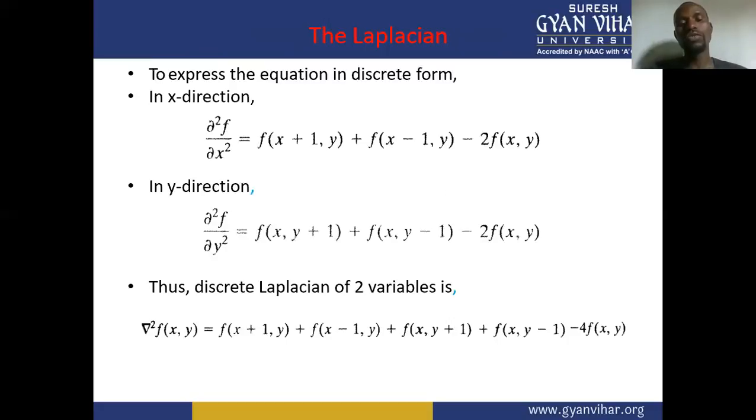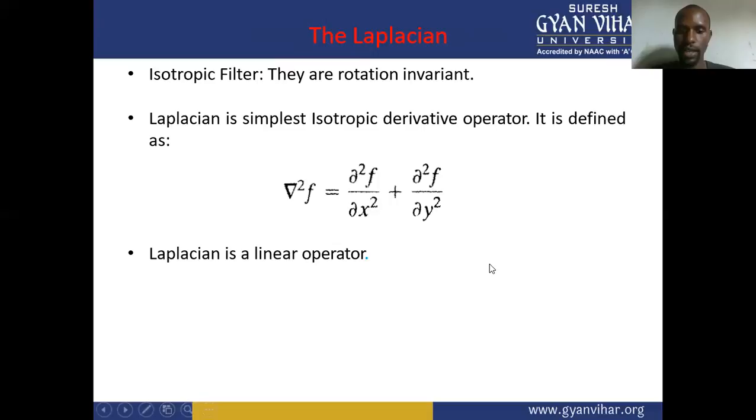To express this equation in the x direction, this is how we perform it. This is just the second derivative equation in the x-axis, and the second derivative equation in the y-axis. You can have a look again.